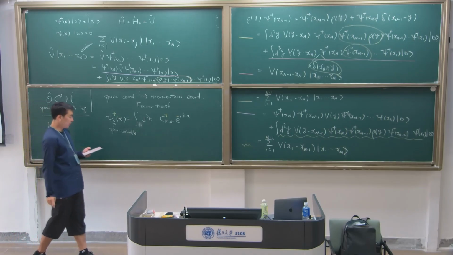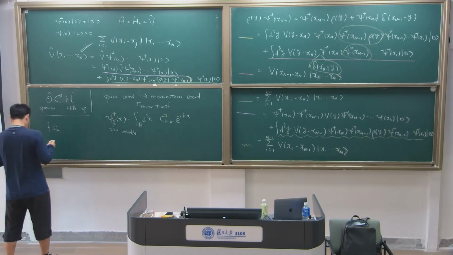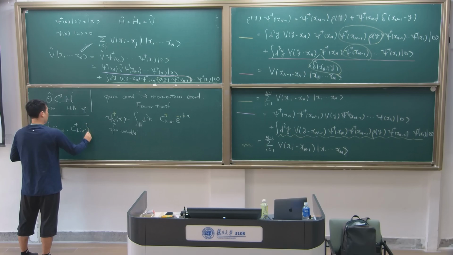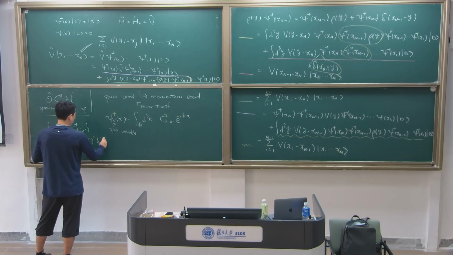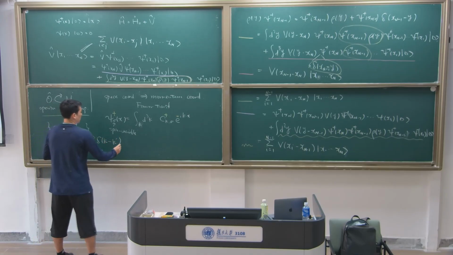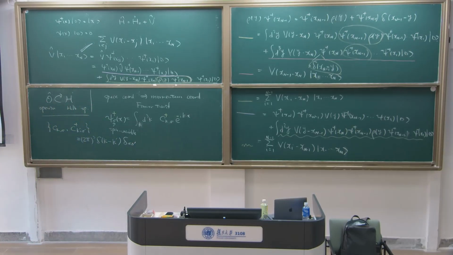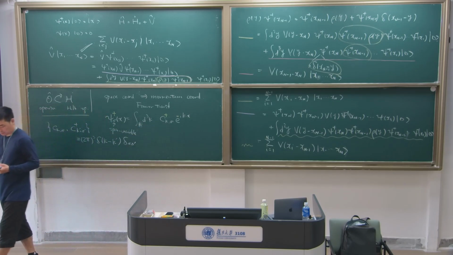So here we treat it as a fermion. If you treat it as a fermion, it is equal to, like this. Okay, so this is a commutation relation. We treated the operator, so the Fourier mode is also an operator.